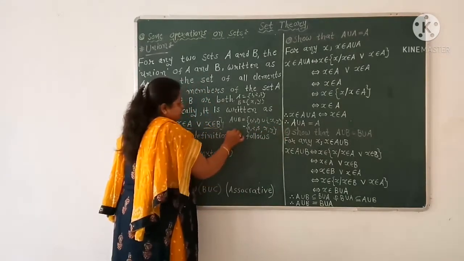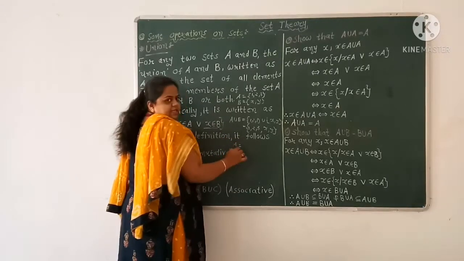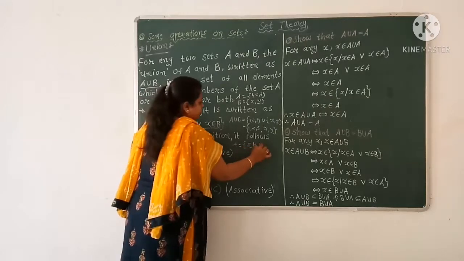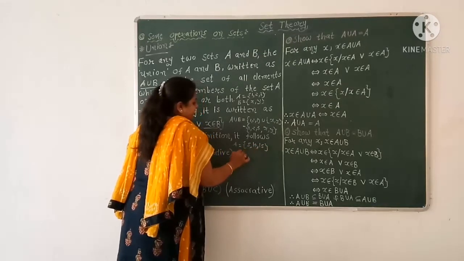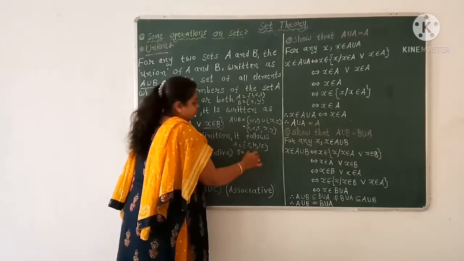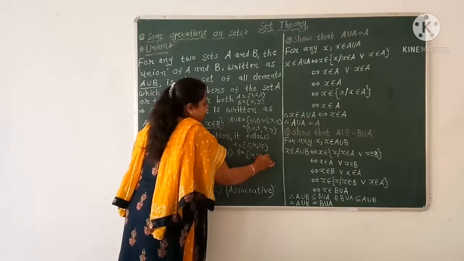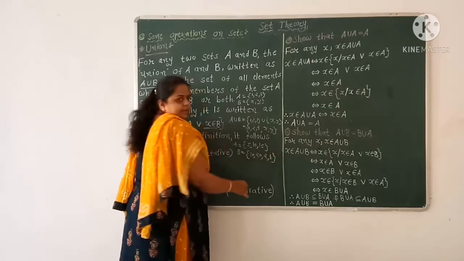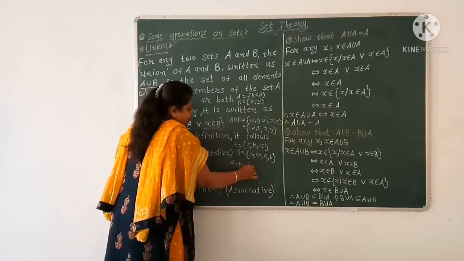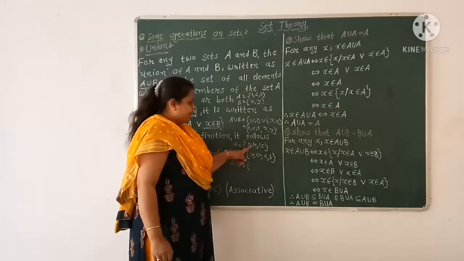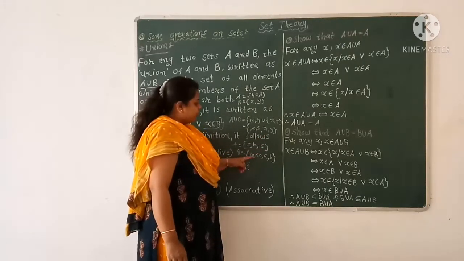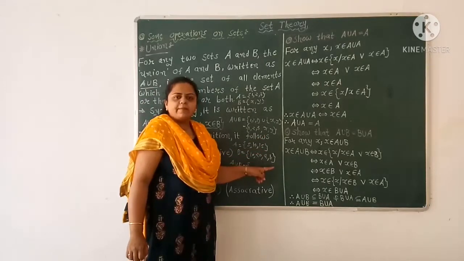Another example: suppose we have A equal to {5, 10, 15} and B equal to {10, 20, a, b}. Then A union B is equal to {5, 10, 15} union {10, 20, a, b}.